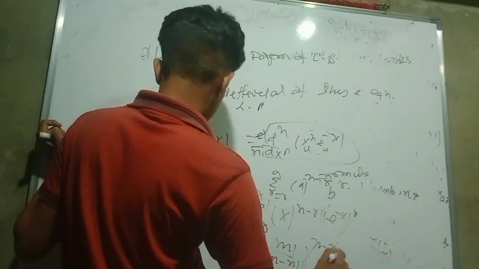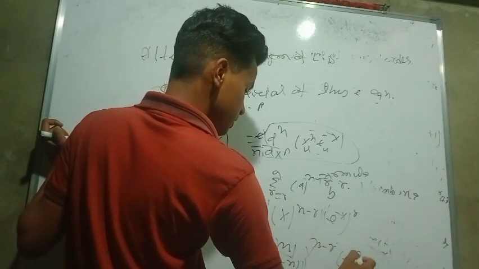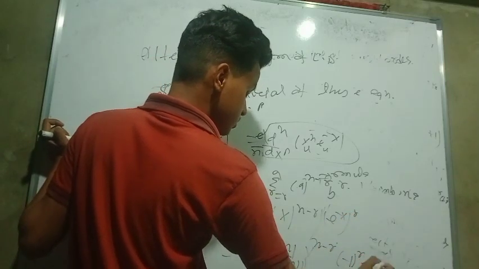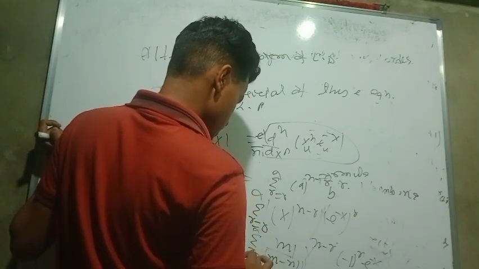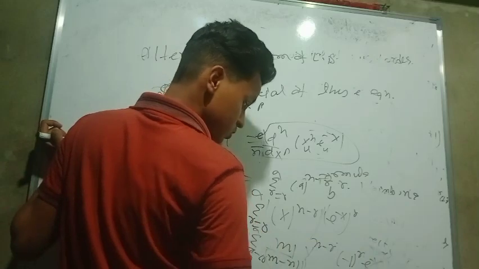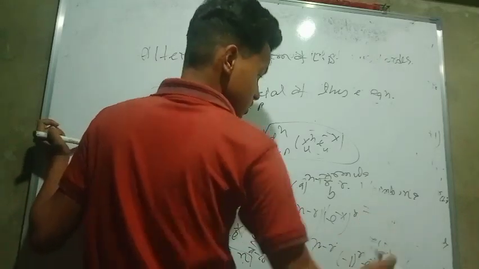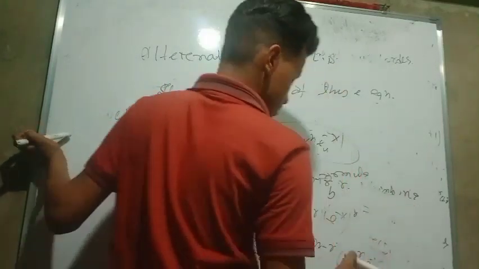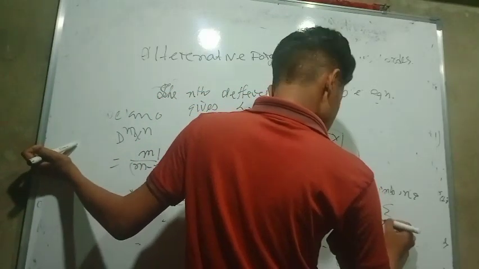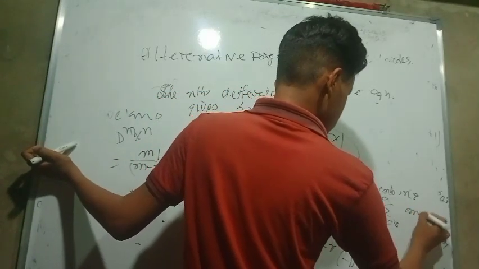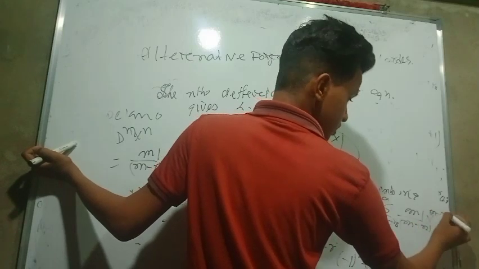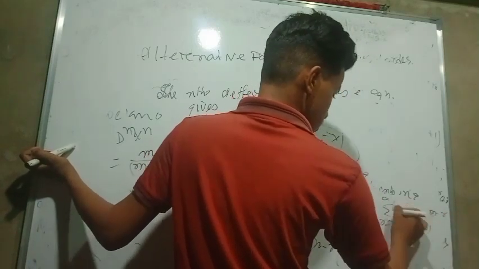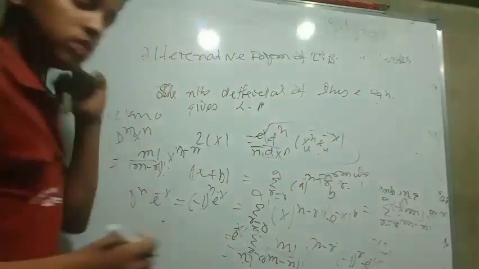This is the r-term differentiation, so it will give us (minus 1)^r e to the power minus x. Here we have e to the power x upon n factorial. This e to the power x will be cancelled and this reduces to the summation, r from 0 to infinity, of m factorial upon (m minus n) factorial x to the power m minus n into (minus 1)^r. From this we have seen the whole formula.